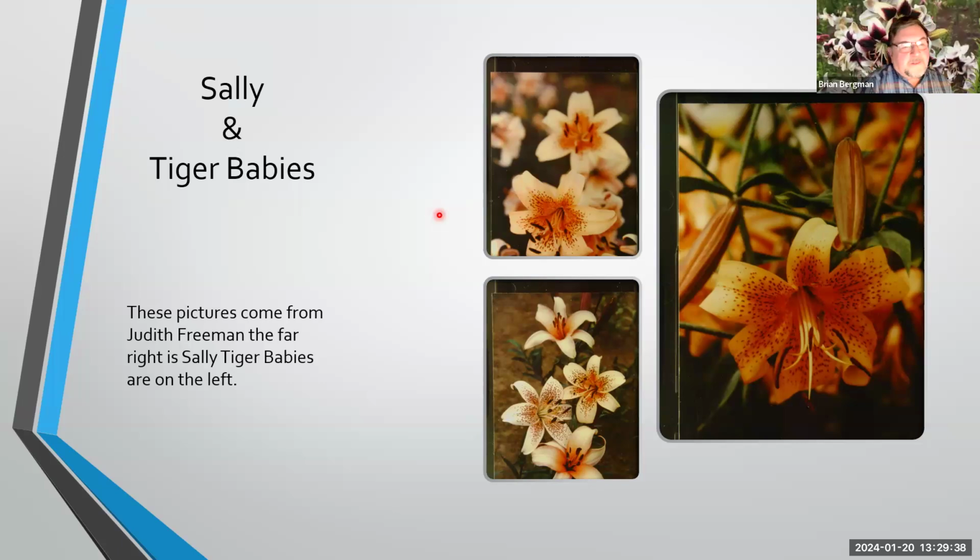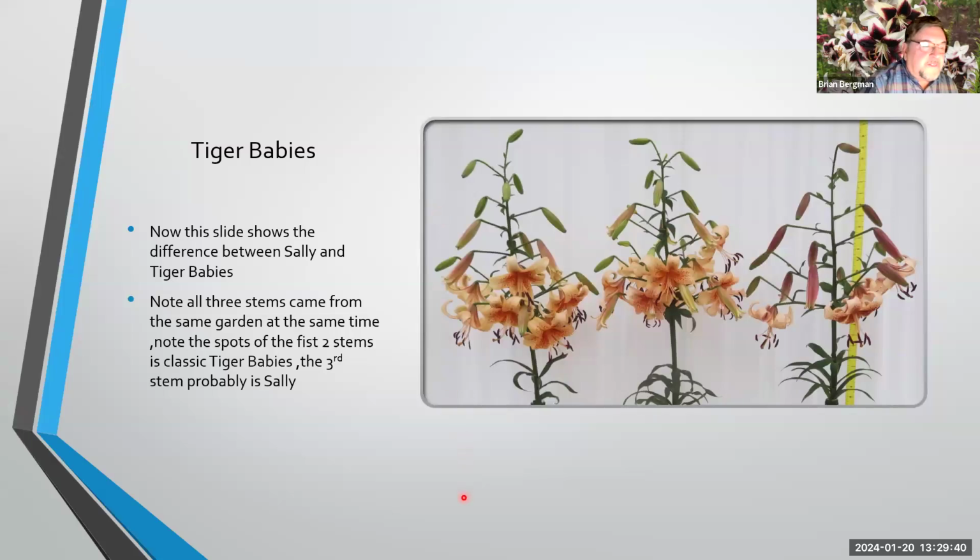Next slide. Here we have supposedly 3 stems of tiger babies. Note all 3 stems came from the same garden at the same time, so it wasn't growing conditions that changed the color. Note the spots of the first 2 stems, where the spots are more centered towards the center of the flower, the nectary.